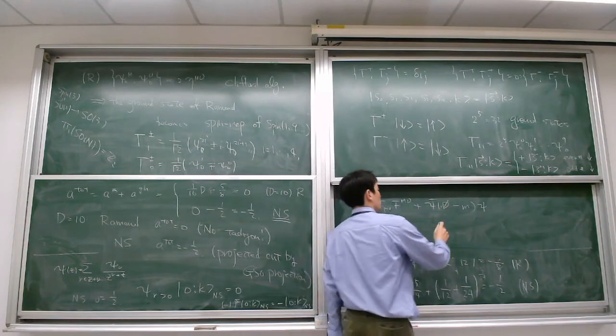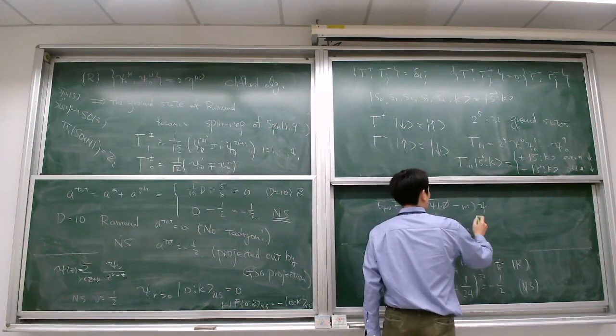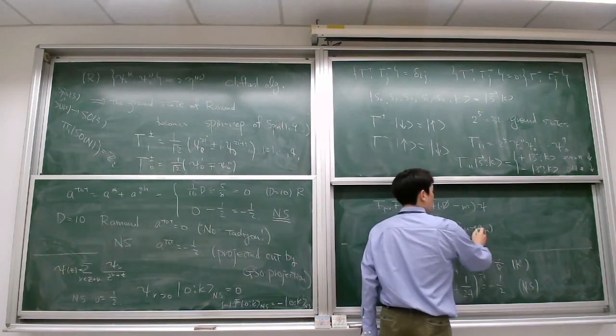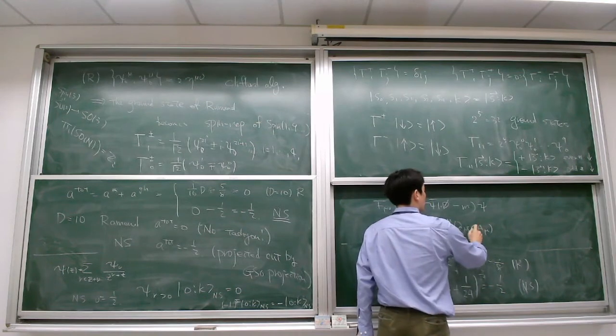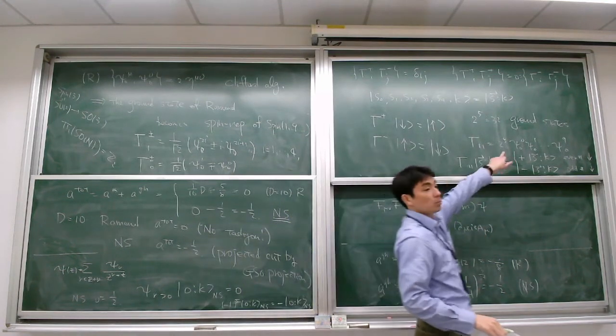And this slash is indeed gamma mu times the derivative, depending on the notation. This gamma matrix is the same as this psi 0, 0 mode.